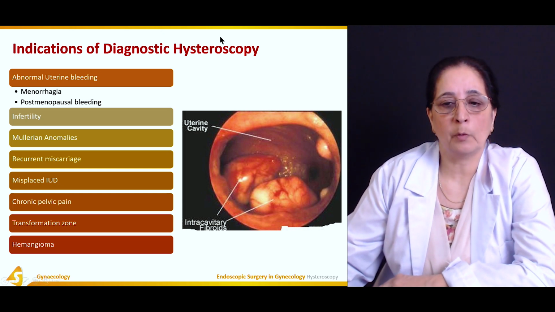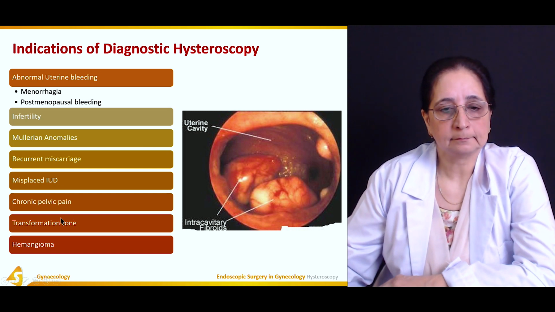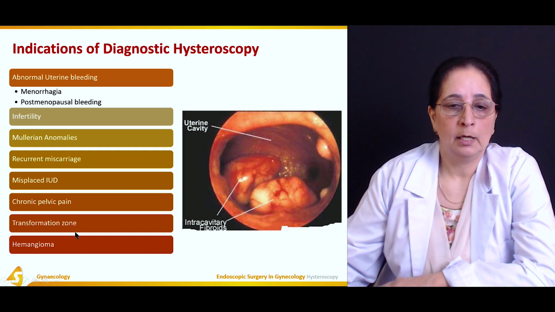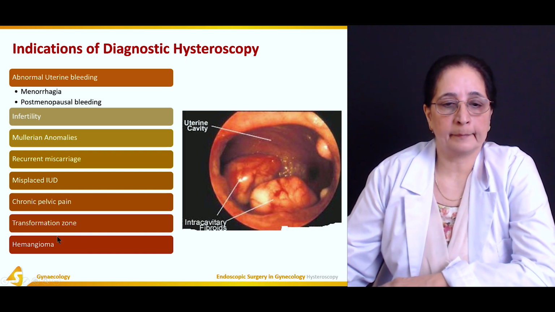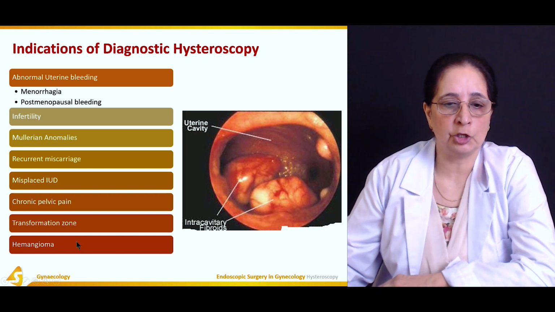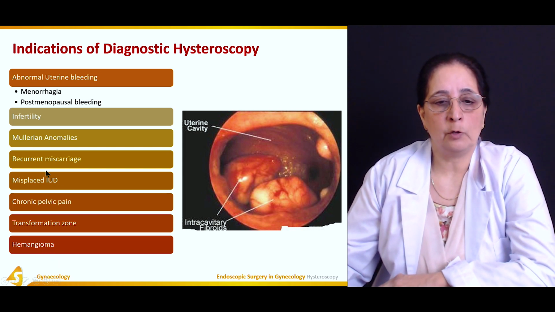So hysteroscopy is performed. Then chronic pelvic pain, to find out if there are any changes in the transformation zone, and hemangiomas, which are small tumors of the blood vessels.